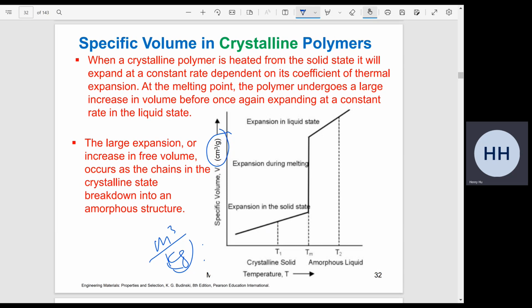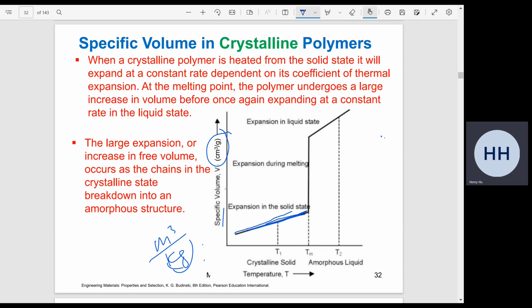So in this graph, the horizontal axis stands again for the temperature, and the vertical axis stands for the specific volume. If you increase the temperature, the crystalline polymer will increase in volume with a fixed weight.